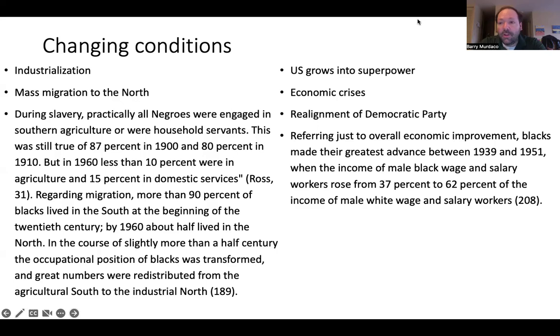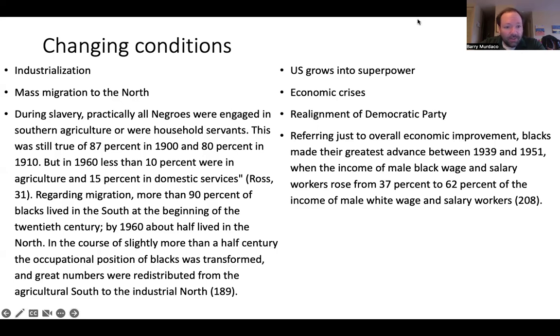So going back to this idea of a disruption of people's daily routines, obviously those things are going to disrupt people's daily life. If you move to another part of the country, that's a disruption to your daily life. But if you go from working on a farm to working in a factory, that's obviously another disruption to your daily life.